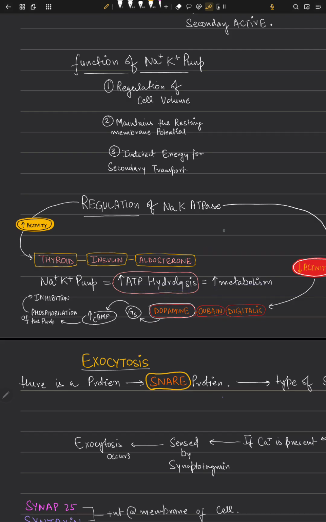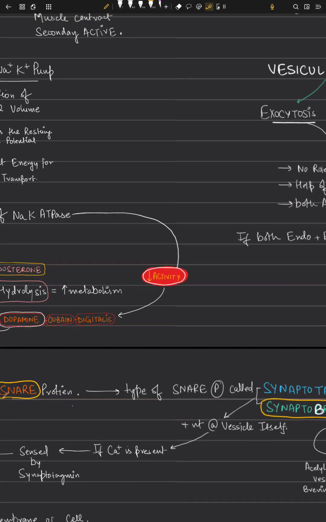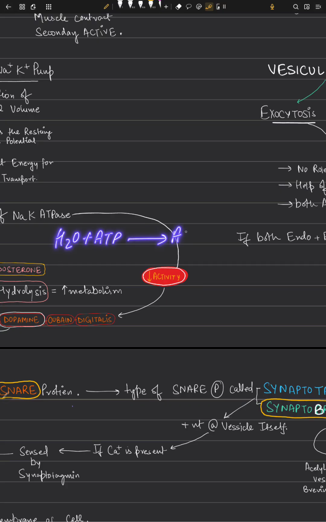It means that the ATP is breaking with H2O, and it gives ADP plus some phosphate, and plus energy. We use this energy.